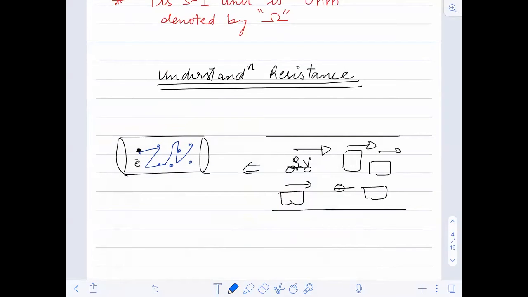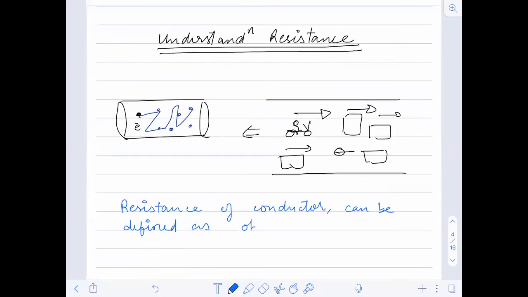So from this discussion, what I can write is that the resistance of a conductor can be defined as the obstruction to the flow of free electrons.